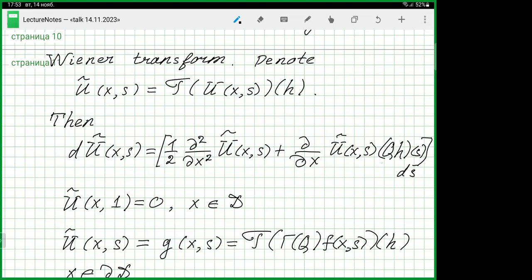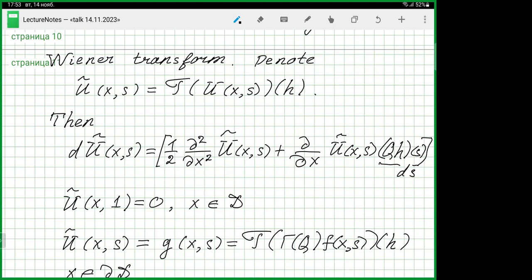Here we have this one, QH from S. So here you see a usual parabolic problem, and it contains a main part which is very good. It is just from the heat equation.